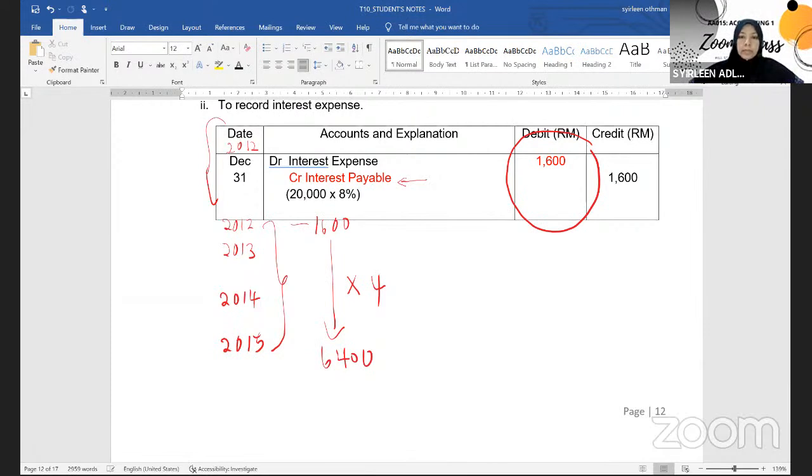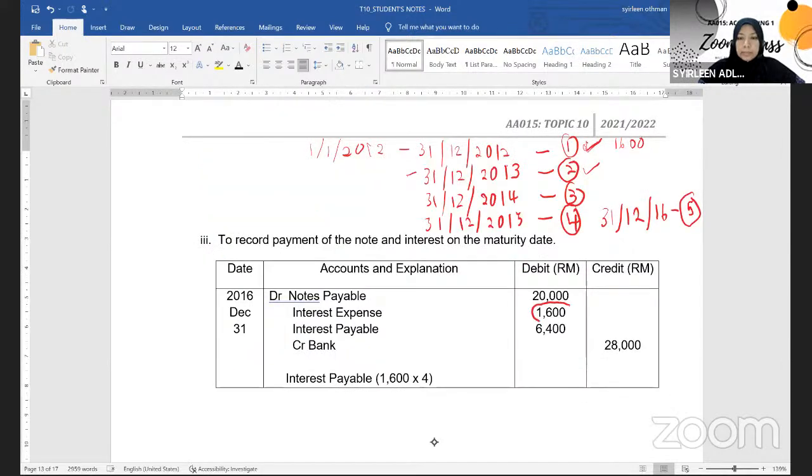So dari mana pula Madam dapat 1,600? This is the interest expense for 2016. Sebab you are closing, you are going to disburse ataupun you are going to surrender your notes payable sama tarikh dengan kita buat closing.